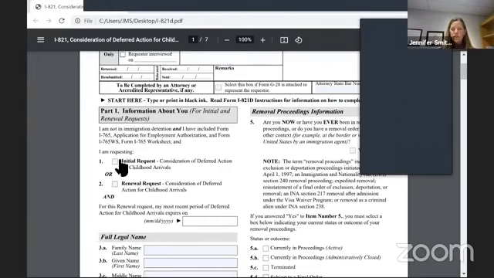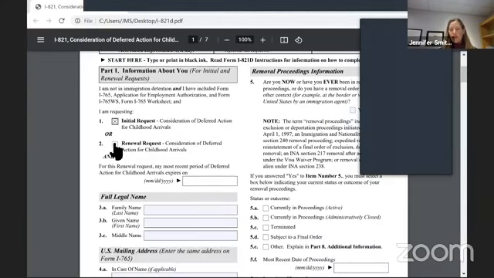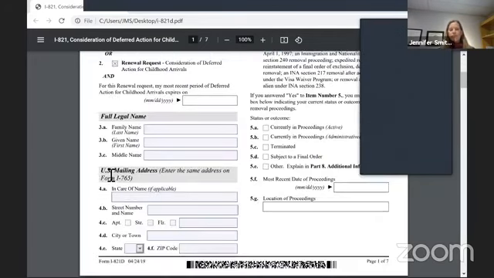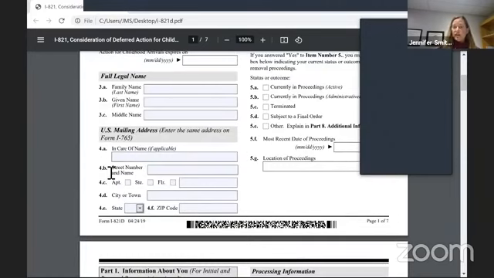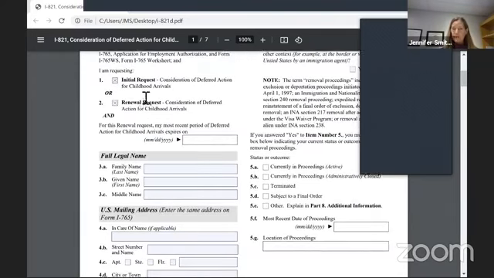For the initial request people, you're going to check box 1 and say this is an initial request. If you're renewing, you would check box 2 and put the date in down here of when your current work permit expires. Because if you're filing for an initial, you're not going to have that date. We can leave a date off of that box.